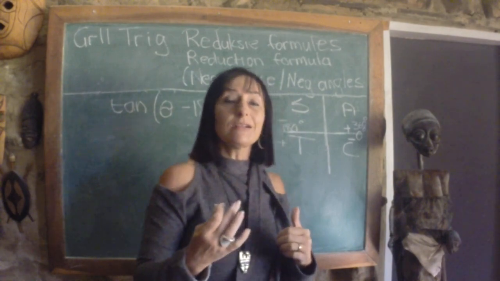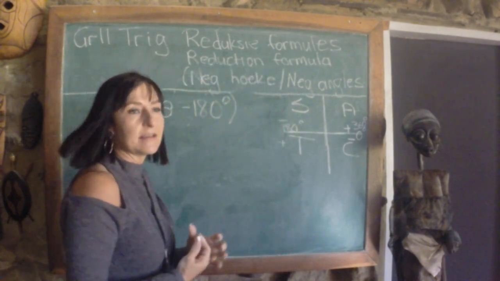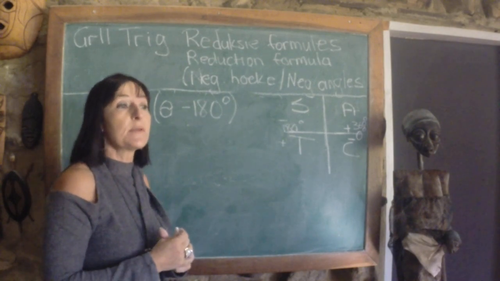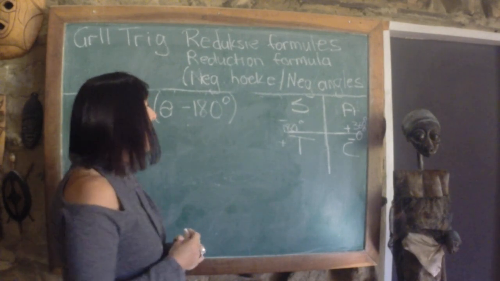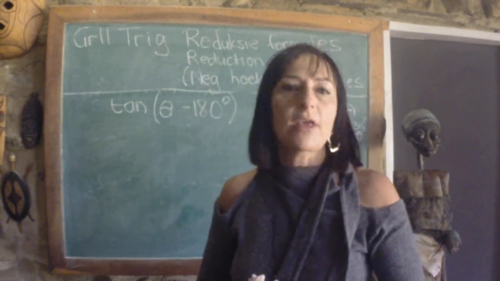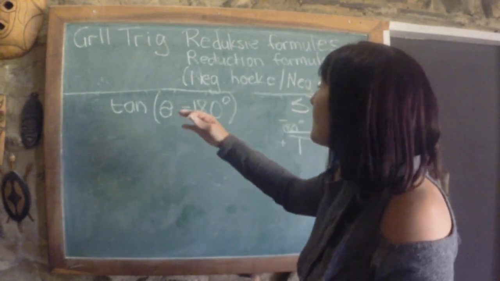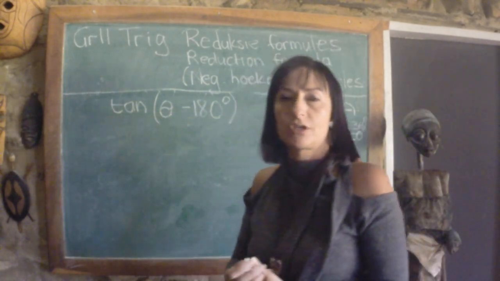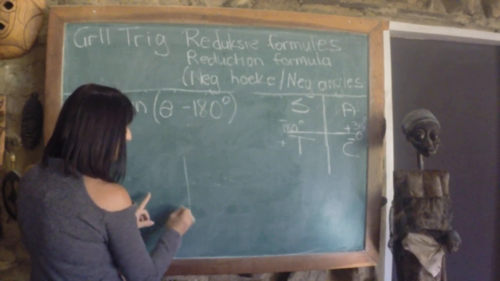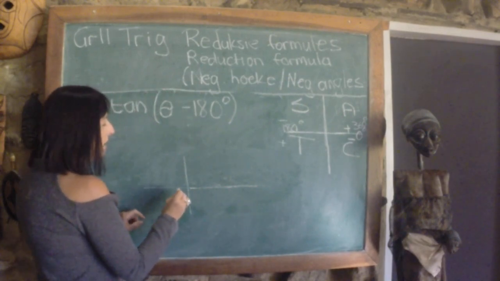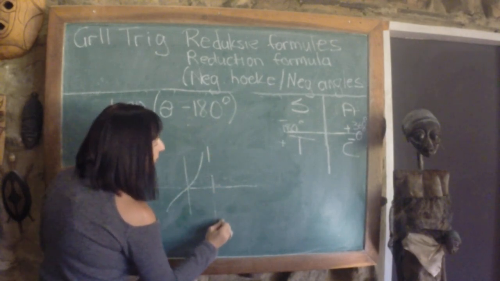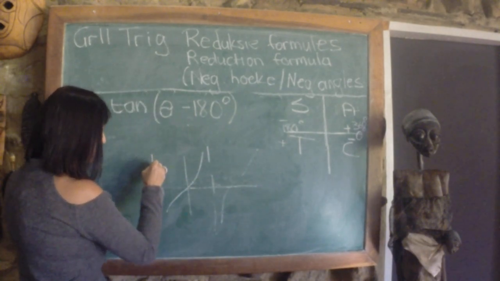A whole cycle of tangent is 180 degrees, meaning then the tangent function is repeating itself. So I can go and add a 180 degrees without worrying that the value of this expression is going to change. So ek kan, en juffrou kan dit vir jou so met 'n prentjie verduidelik, onthou, die tangfunksie herhaal homself elke 180 grade.